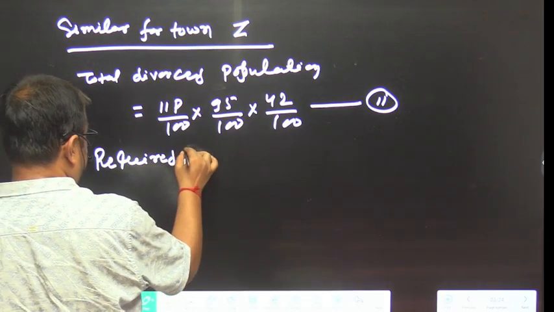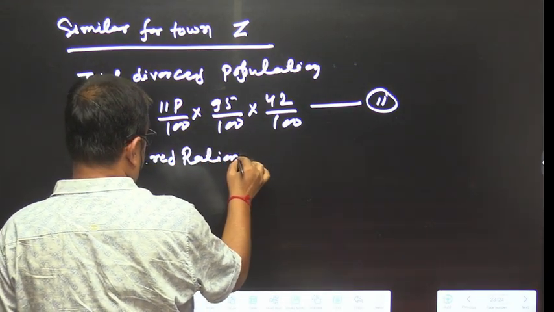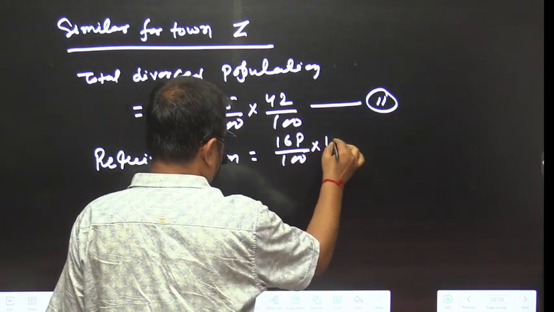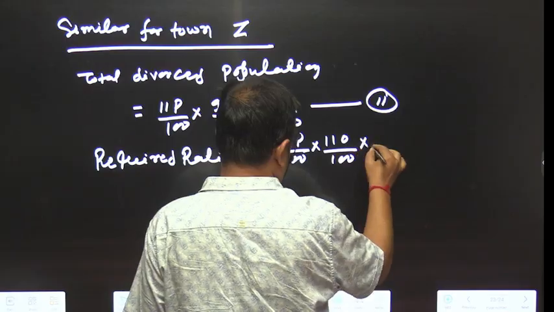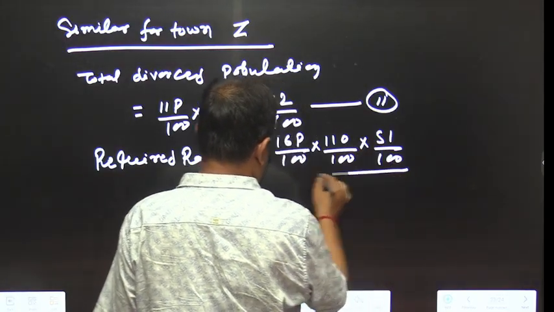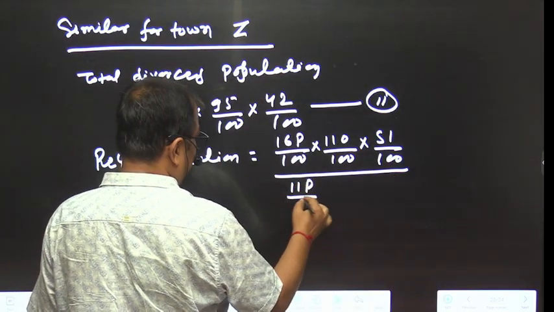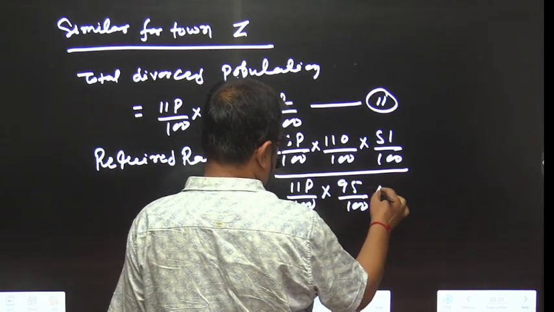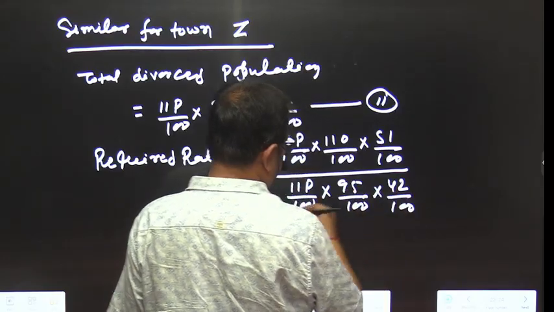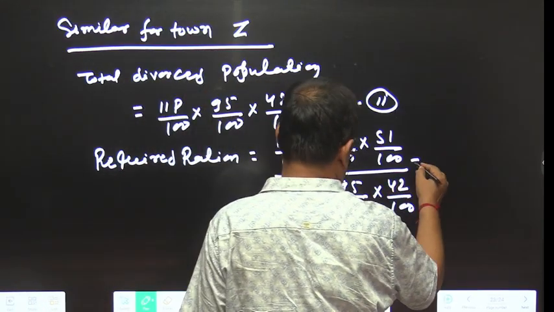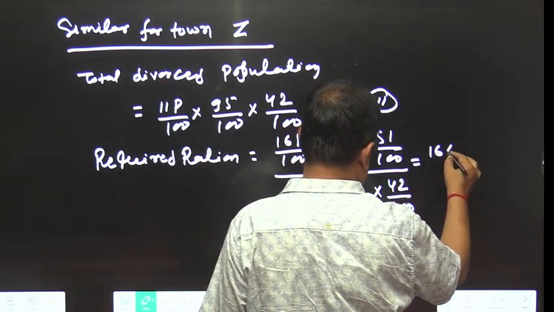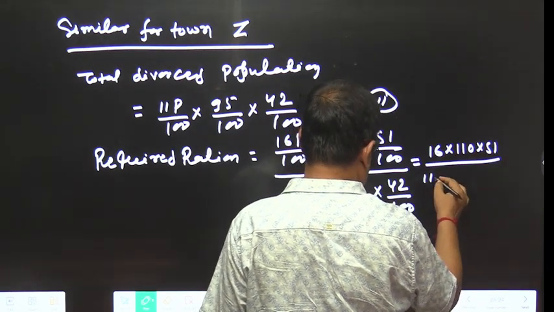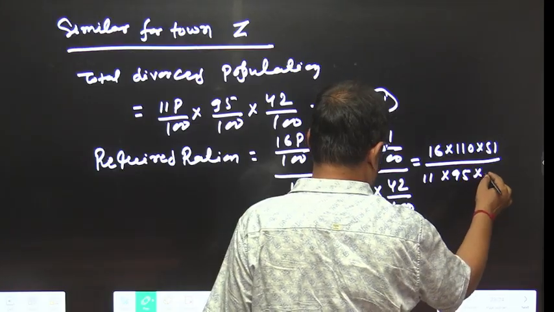Required ratio equals 16p by 100 into 110 upon 100 into 51 by 100, upon 11p upon 100 into 95 by 100 into 42 by 100. So 16 into 110 into 51 upon 11 into 95 into 42.